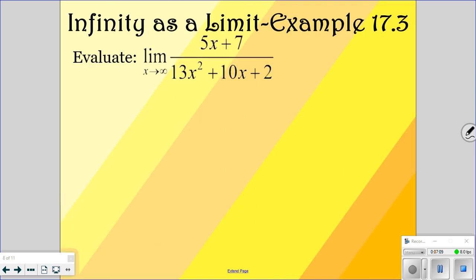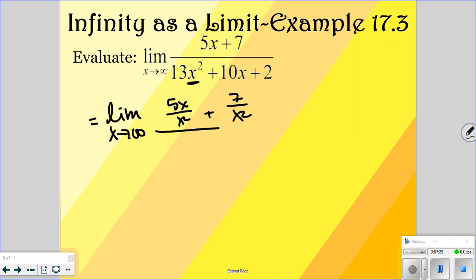Okay, looking at another example, the limit as x approaches infinity. So again, our largest denominator exponent is x squared. So we're going to do the limit as x approaches infinity, 5x over x squared, 7 over x squared, 13x squared over x squared, 10x over x squared, and 2 over x squared.